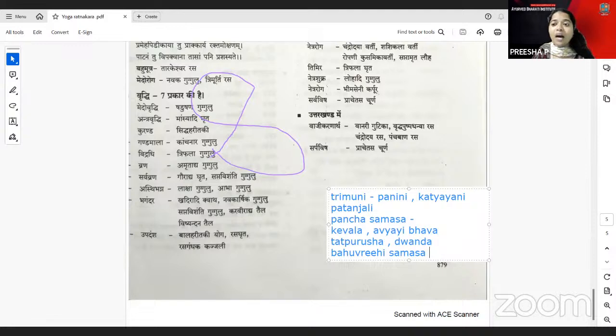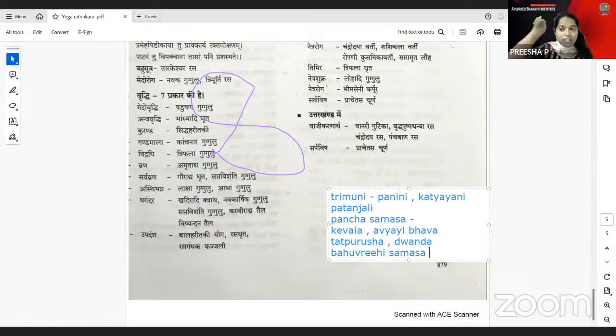Pidarau, Mata Pidarau. Pidarau is which type of samasa? Avyayibhava, Tatpurusha, Bahuvrihi, or Dvandva Samasa. Which among the following is the Pidarau Samasa? It is the Dvandva Samasa.